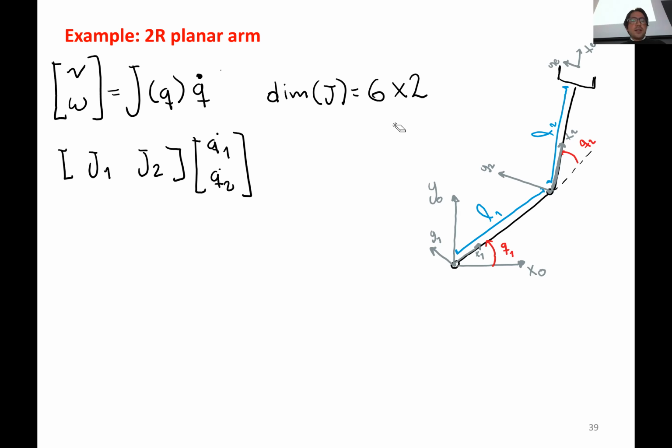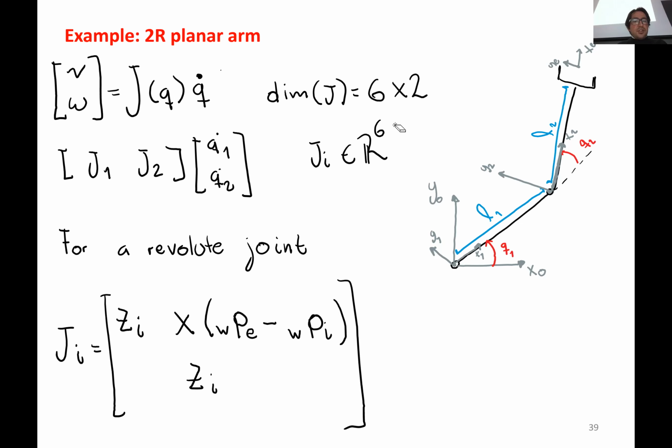Again, we have J1 and J2. We can decompose the Jacobian into its two columns, J1 and J2. Remember that Ji is a six-dimensional vector. And for a revolute joint, we have 2 revolute joints. Remember, this is the expression that we derived for the Jacobian.